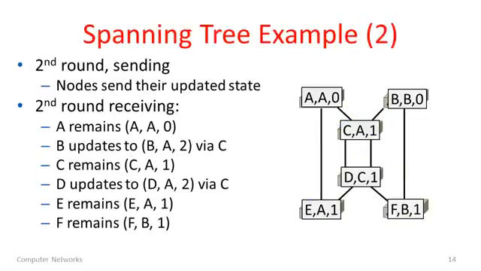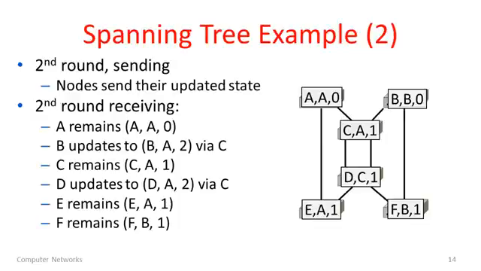Let's go to round 2 now. In round 2, I've replaced the diagram, I've updated the state of nodes. All of the nodes send these messages out to their neighbors. So C sends the message CA1 out to neighbors A, B, and D twice, for instance. What's going to happen? Well, A still sticks with its configuration. It's the root. No one can beat it.